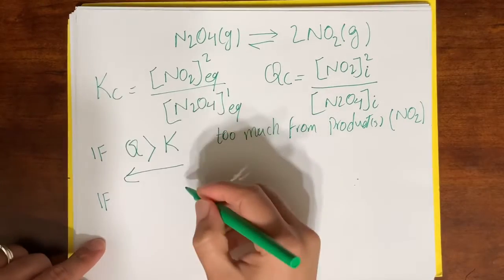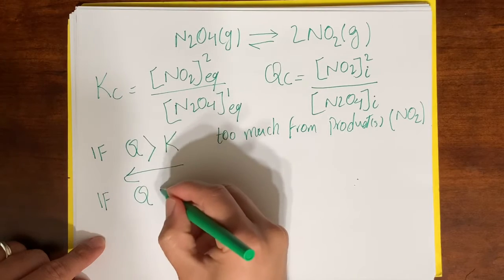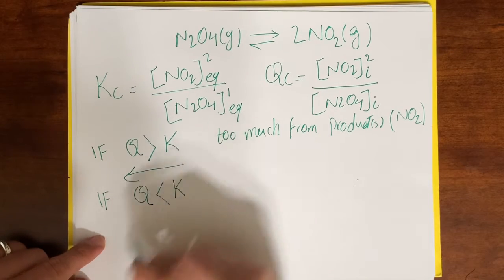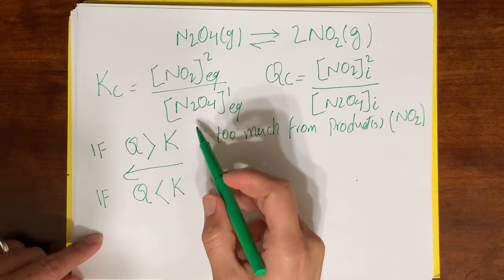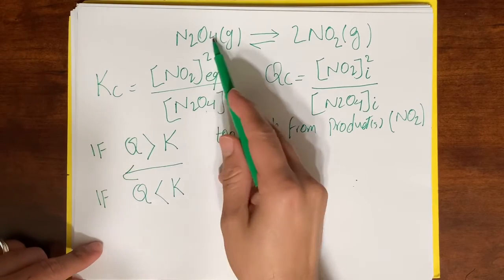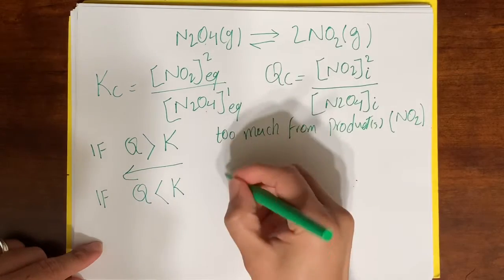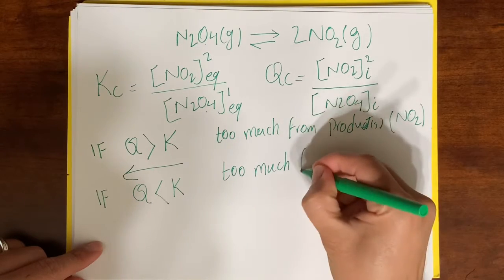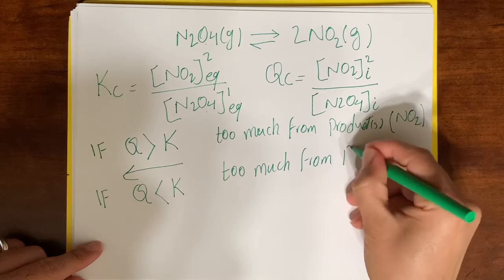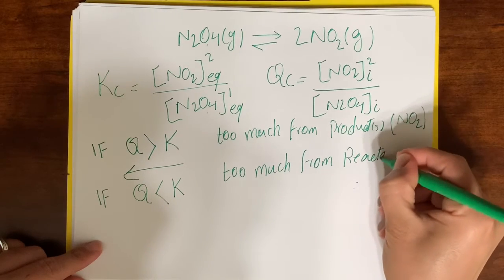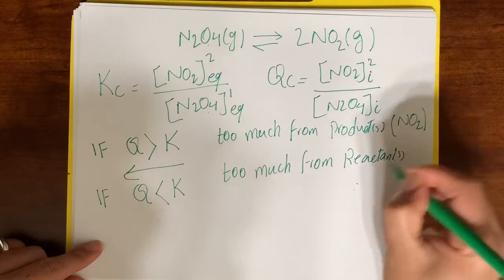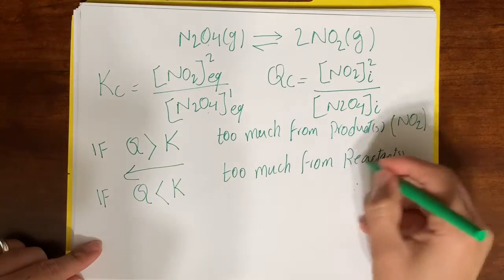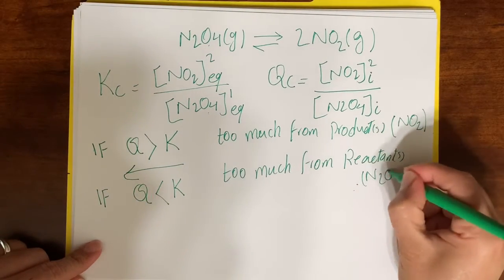If Q is smaller than K, in that case we have mainly reactant. We have too much reactant, which in this case is N2O4.